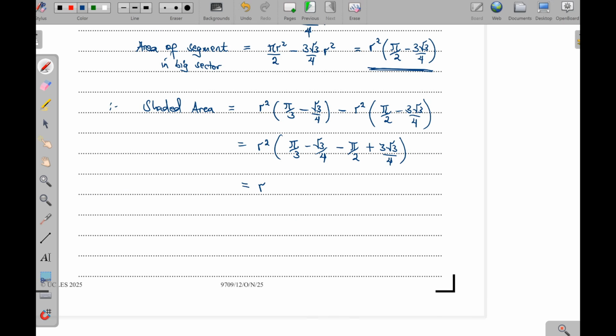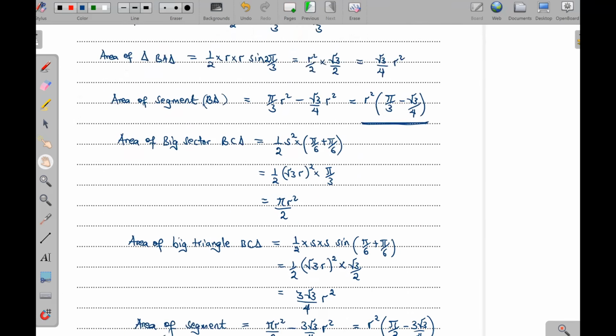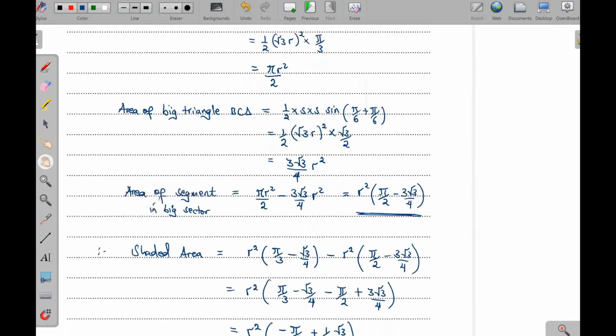We can have r squared. This is 60 minus 90, that is negative 30. So we shall get negative pi over 6. And then here you have 3 minus 1, you get 2. Then 2 over 4 is a half, not so. So we shall have plus a half root 3. So now let us look at our format. Isn't that the format? A plus b pi.